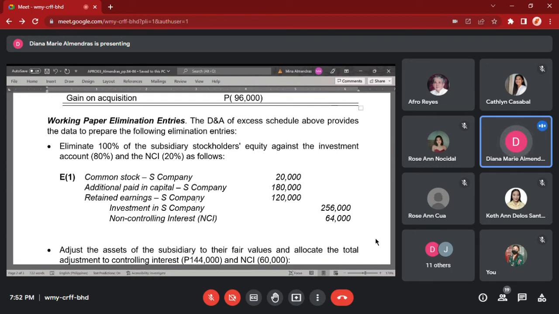Debit common stock of S Company 20,000. Debit additional paid in capital of S Company 180,000. Debit retained earnings of S Company 120,000. Credit investment in S Company 256,000. Non-controlling interest or NCI 64,000.